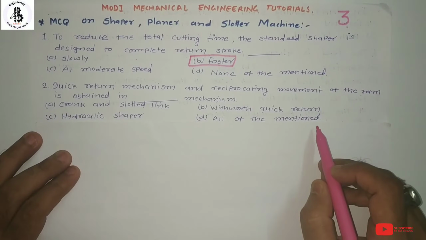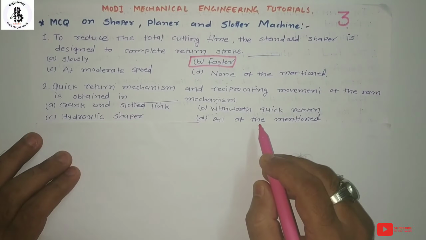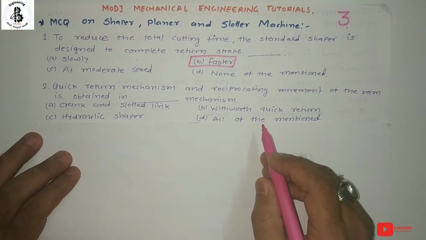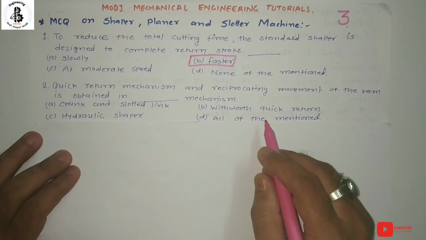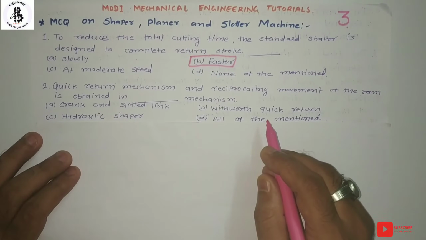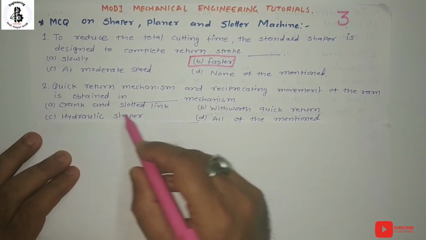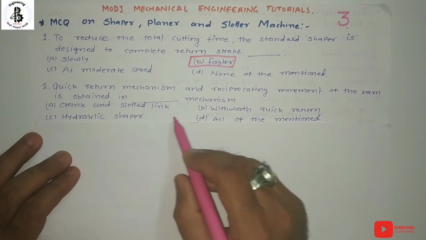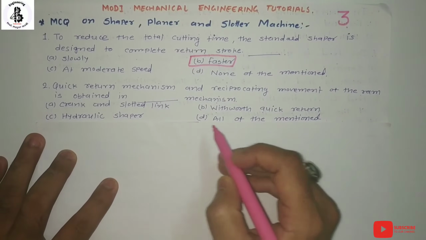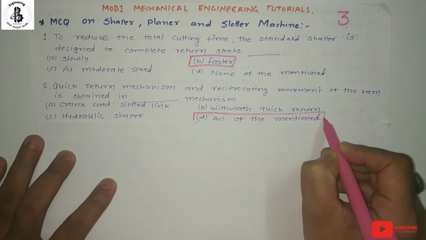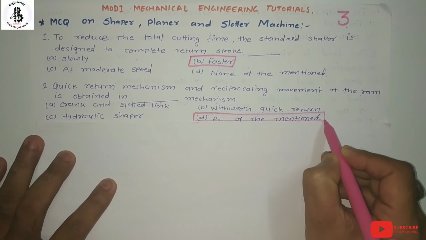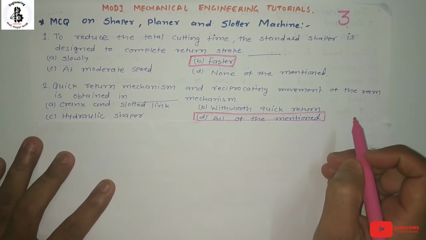So basically the return stroke of a SHAPER or SLOTTER machine is idle and needs a quick return mechanism. So either you will use a crank and slotted link, Whitworth quick return or hydraulic SHAPER. All three, A, B and C, are possible. So according to this question the right answer is all of the mentioned, option D.